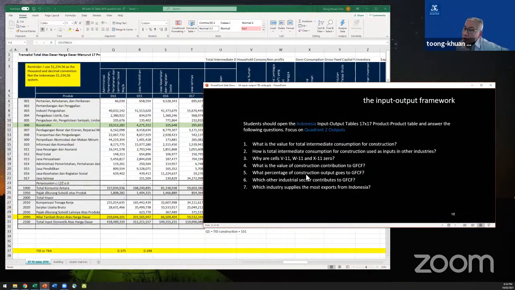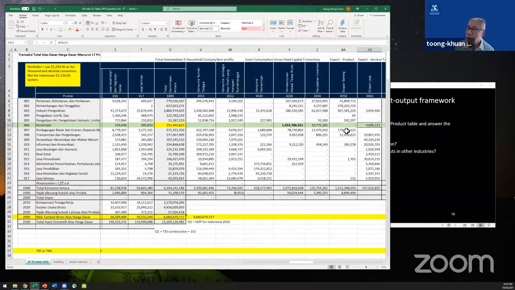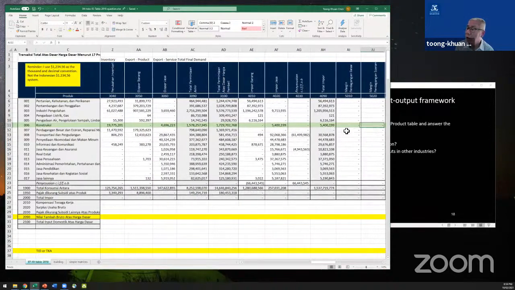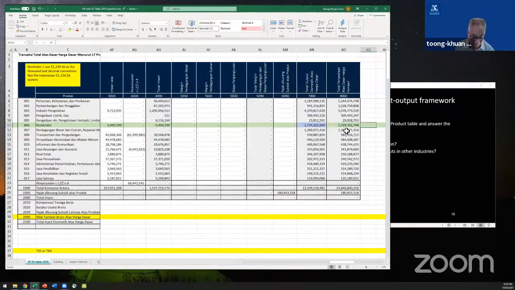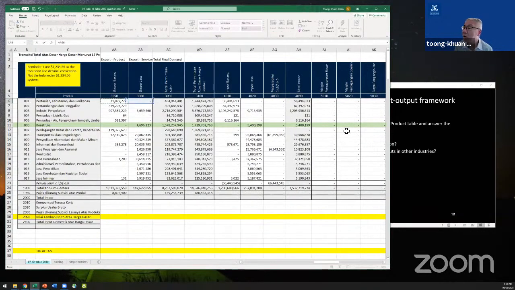What is the percentage of construction output that goes to GFCF? Now, if you want to calculate percentage, we have to go over here and do percentage GFCF, gross fixed capital formation, and then do this for all the other sectors.